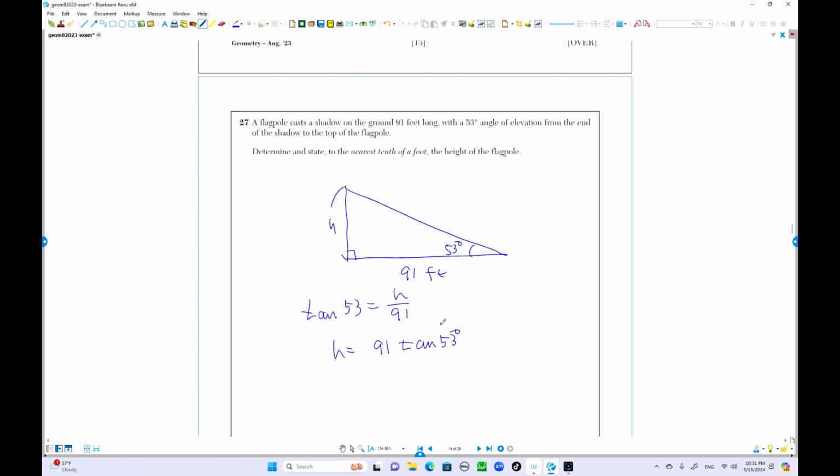Or you can use the law of sines too, but then you have to find this angle. This angle is 37 degrees. So sine 37 over 91 equals sine 53 over x. Cross multiplication gives the same answer.